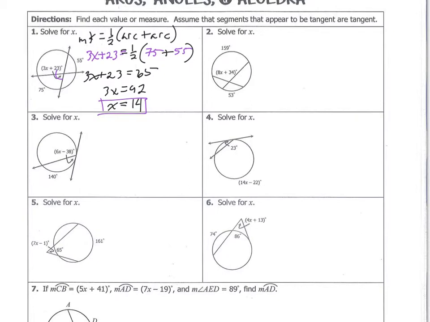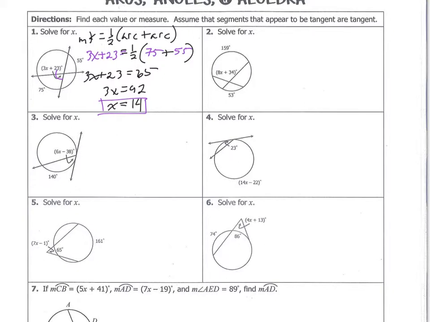They could have asked you to find the measure of the angle, then plug it back in. Whenever the numbers you have to add are odd, you multiply by that reciprocal on both sides, which means on the left side you'd have to multiply both terms by 2. Okay?